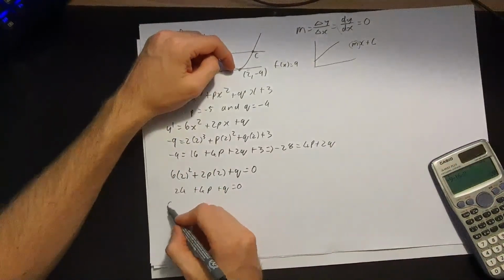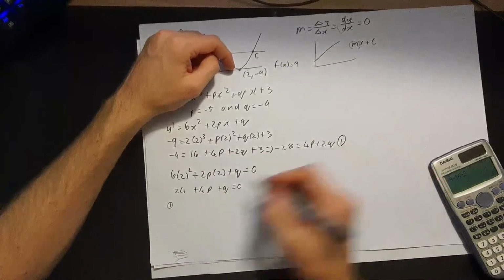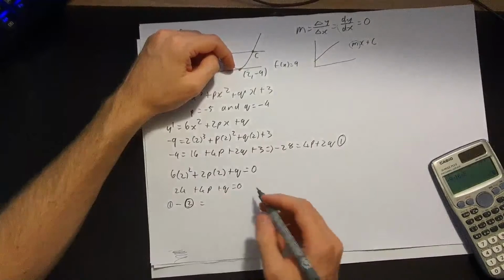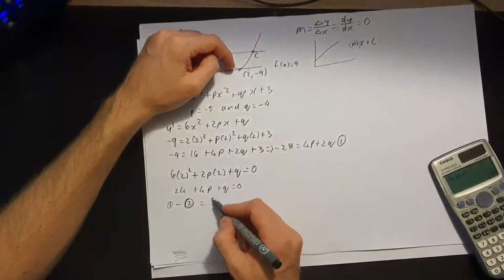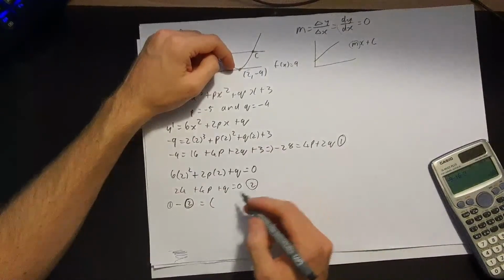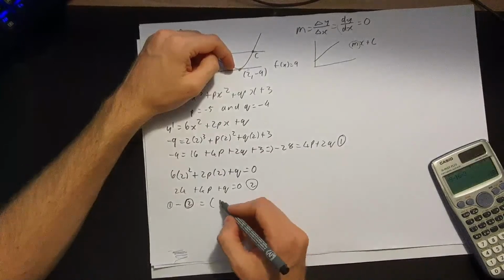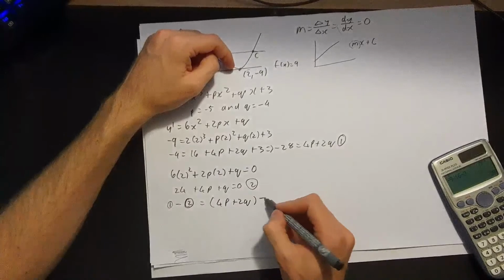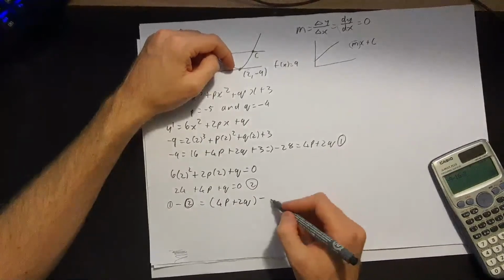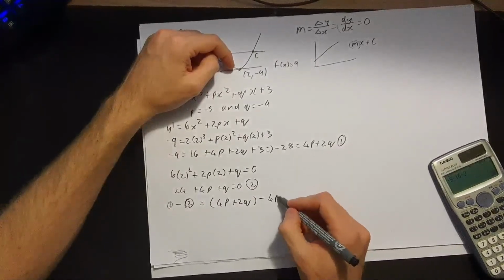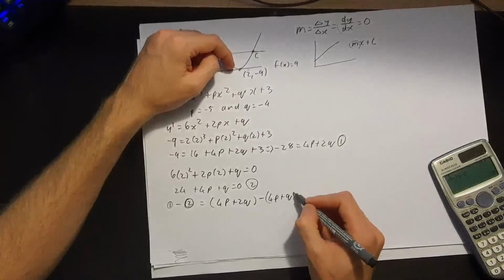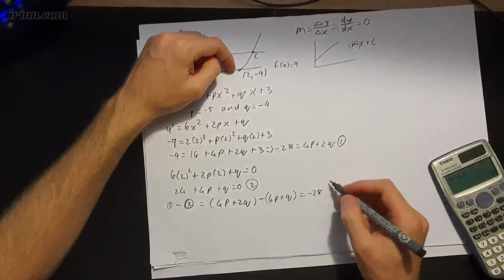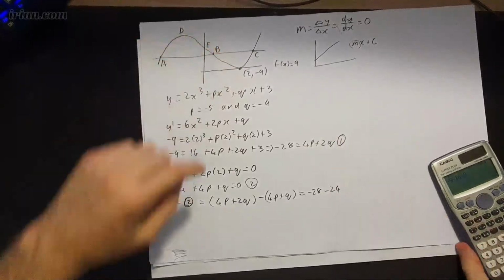So equation 1 minus equation 2 is then going to give us 4p plus 2q minus 4p plus q. It's then going to be the constants, so minus 28 minus 24.